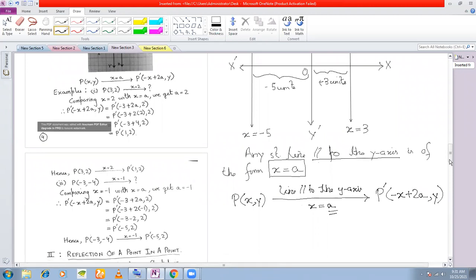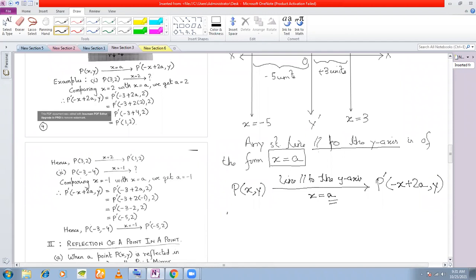For example, if I want to reflect this point, let's say (3, 2), in the line x is equal to 2, what will this coordinate become? You first change the sign of the x coordinate.